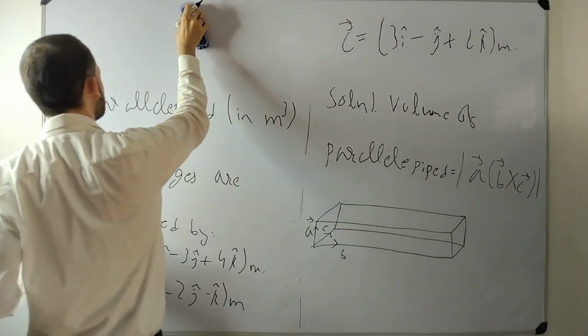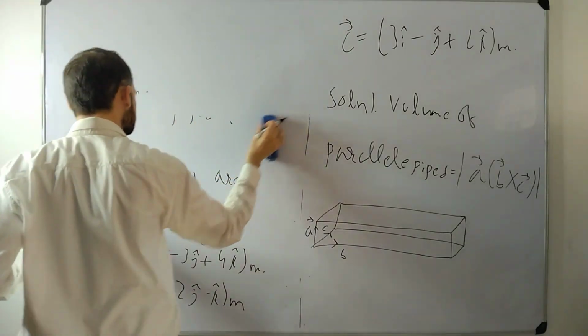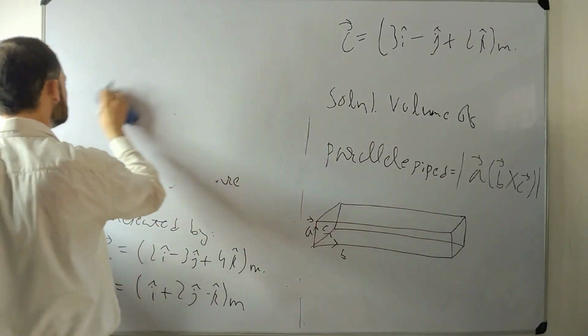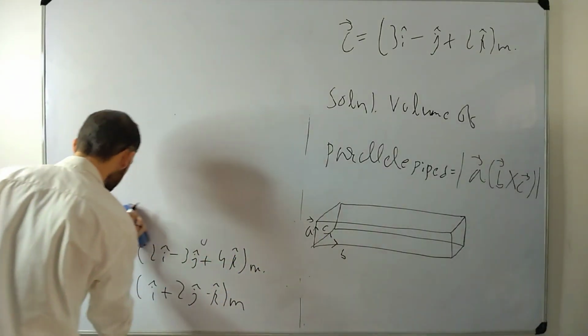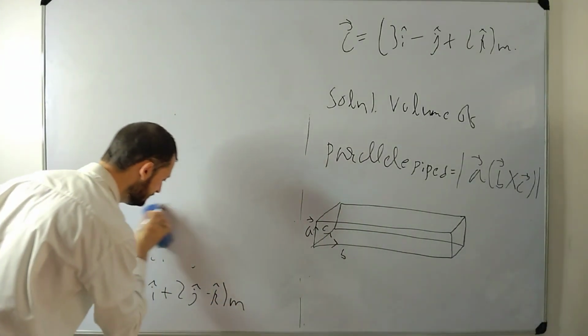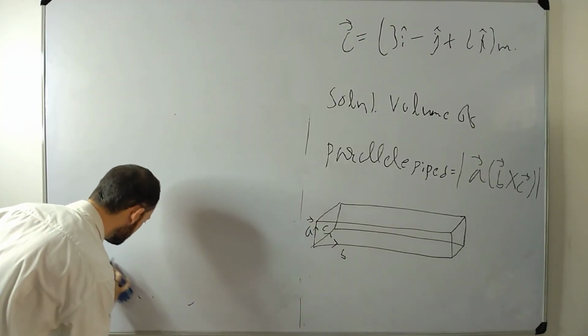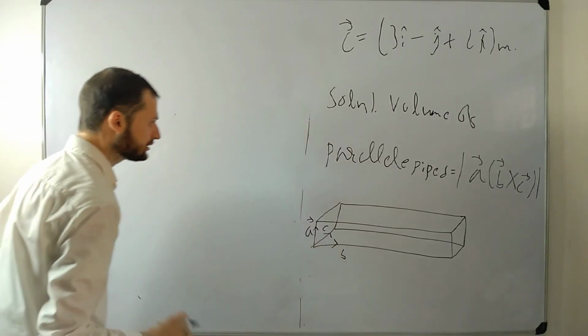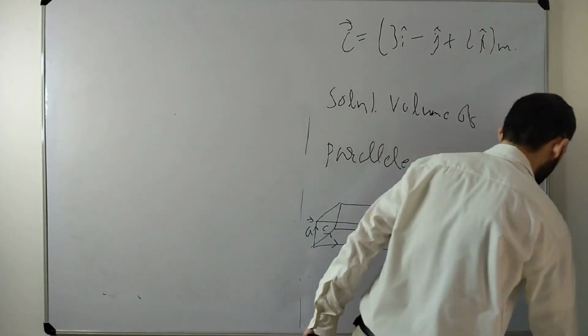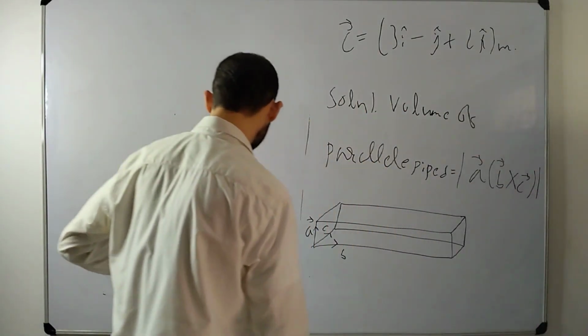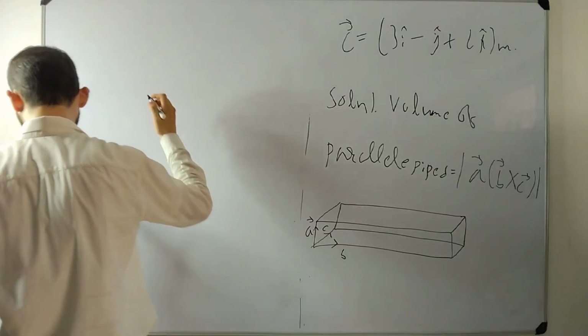What did your answer come out to be? So what do you need to do first? B cross C. Yes, very nice. You need to first solve the bracket. So write the thing.